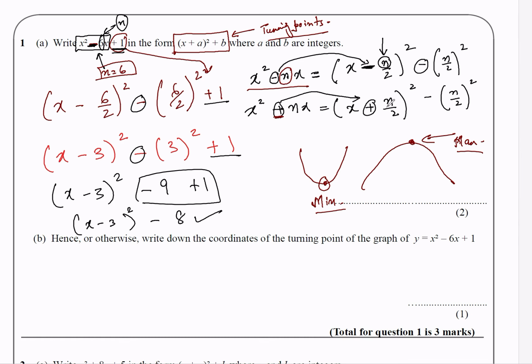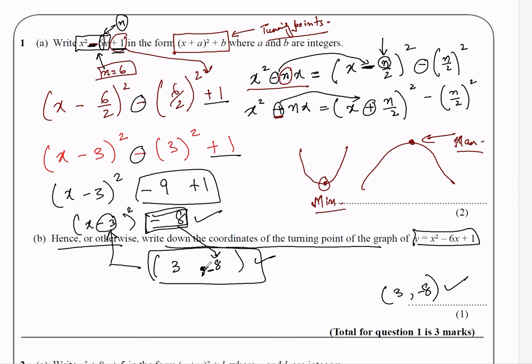That is the turning point of your graph. Whatever is written with x, change the sign of it, and whatever is written after it, just copy as it is. Coordinates are written in a bracket, so 3 comma minus 8 is our answer. Understood?